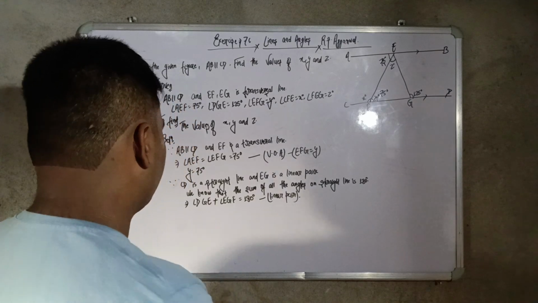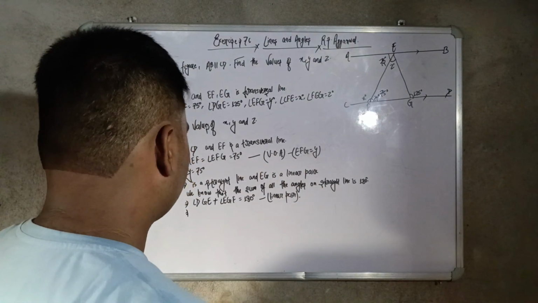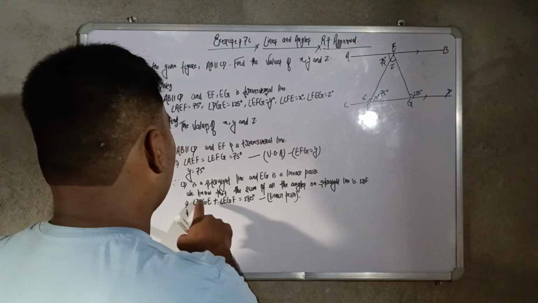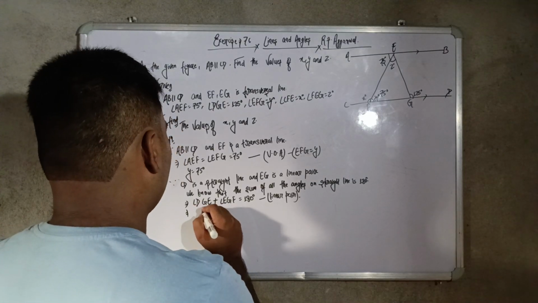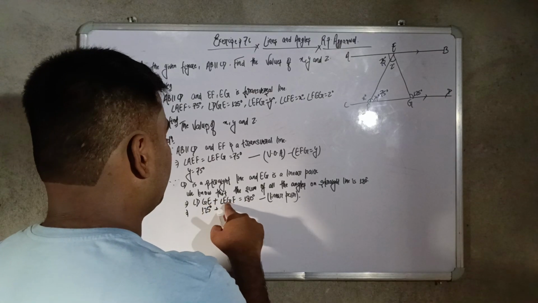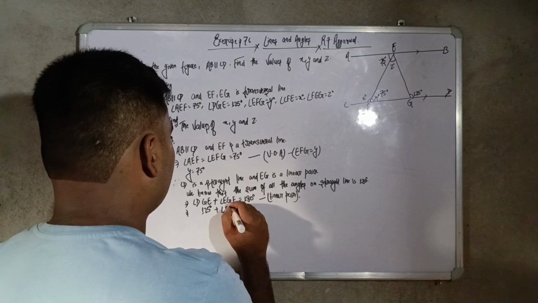So the value of angle DGE is 125 degree, plus the value of this angle, which we have to find out.